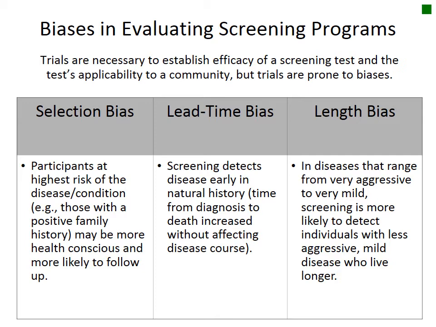So making sure that selection bias is removed as much as possible, and sometimes screening programs must be very deliberate in terms of who is going to qualify for these screening programs.